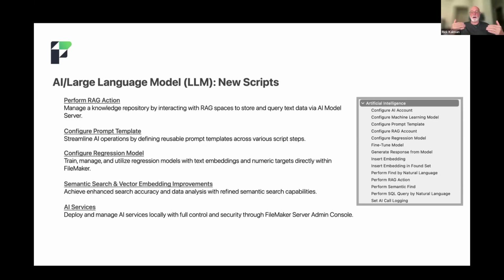That will have all of the capabilities of AI that we put in 2025, except for the AI services, since it's a managed service at AWS with Apple in the background, we can't really spin up arbitrary models and servers. But other than that, we'll support everything.